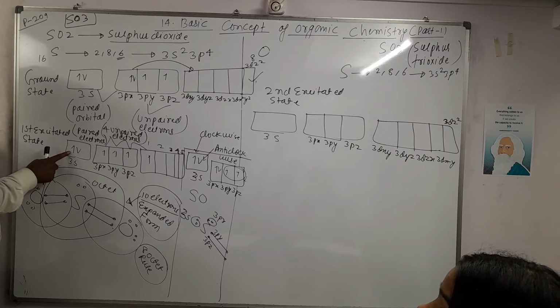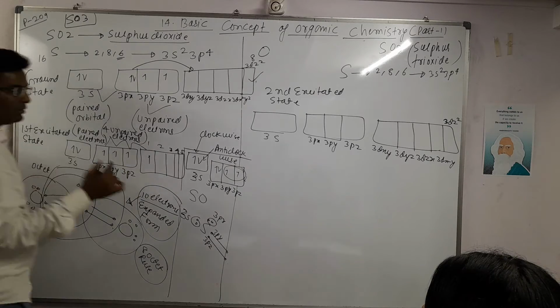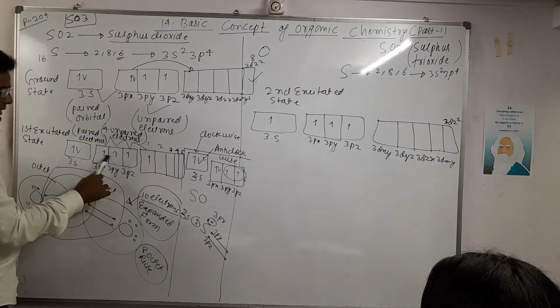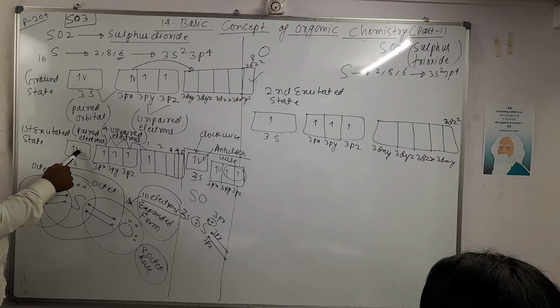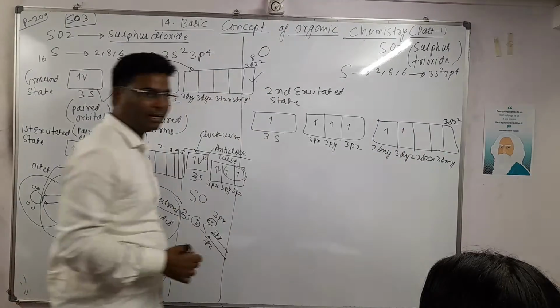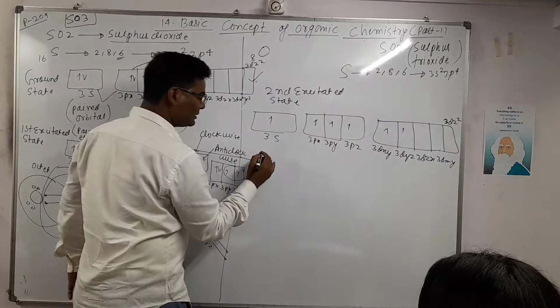Now I will move this paired electron to the d orbital. These are the unpaired electrons, and this electron jumps here. So how many electrons are unpaired now? 6.